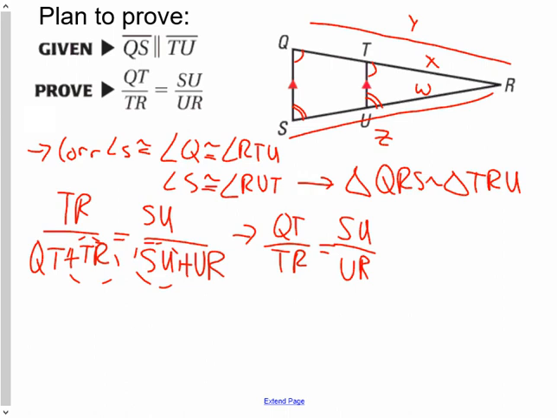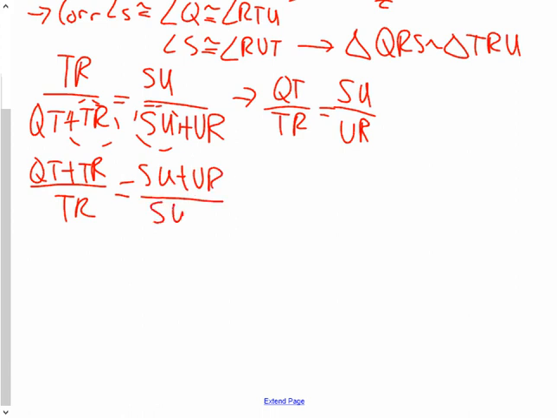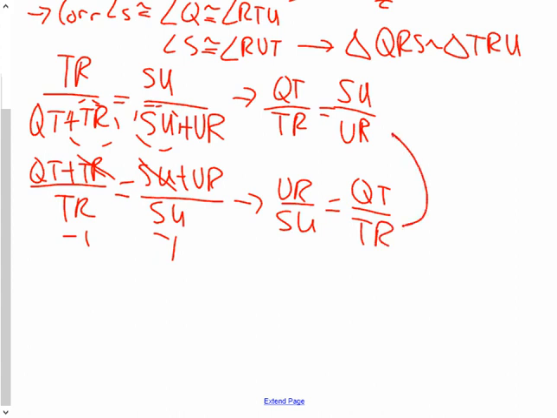Again, technically, using our rules from, I believe, 6.2, you can flip them. QT plus TR over TR equals SU plus UR over SU. And then you can basically subtract 1 from both sides to get rid of the SU and TR. And then you can just flip it back. And then flip it again. Or did I write it flipped?